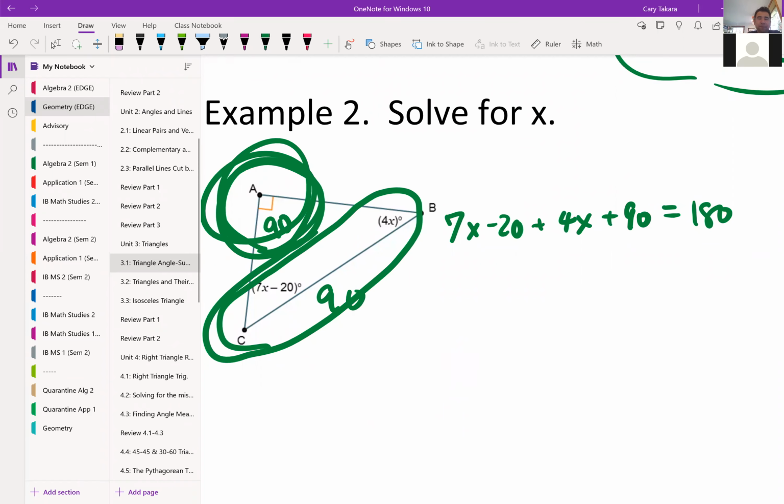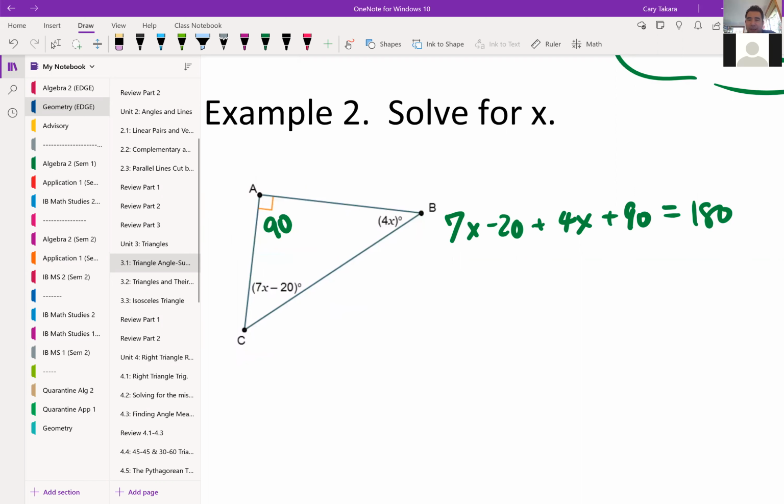And so this is another way to do that. But let's just keep going, okay? Again, we've got 7x and 4x on the same team. That is 11x. And we've got negative 20 plus 90. What is that?